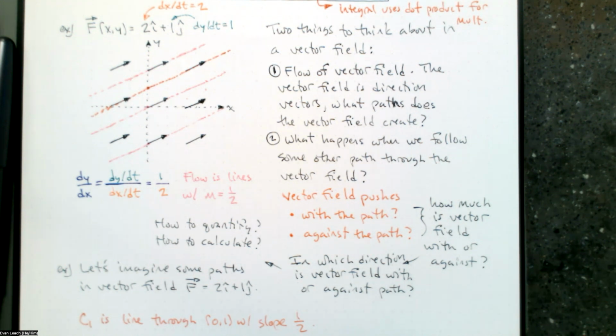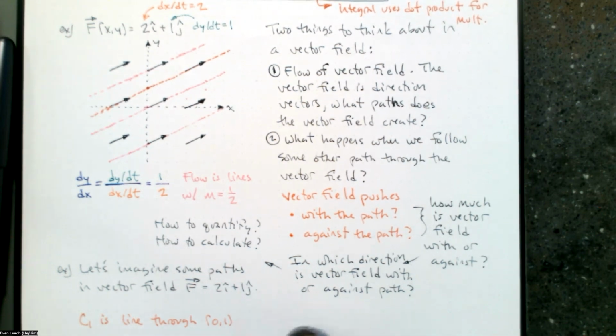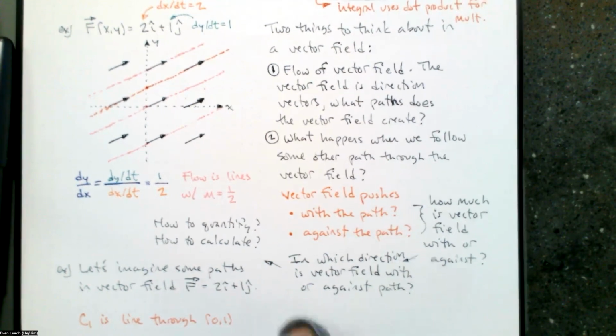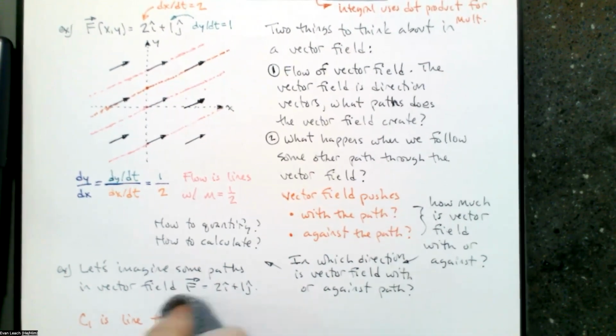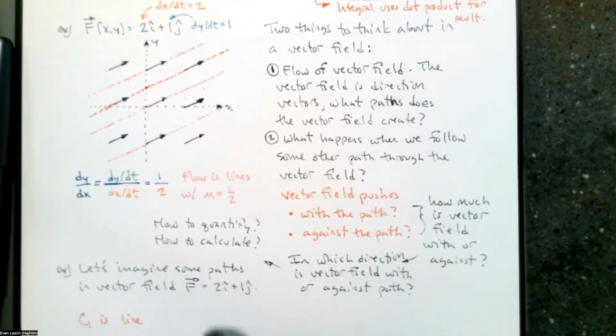I want to give the path a direction. I forgot I wanted to give the path a direction. So let's go from 0, 1 to whatever next integer point is.